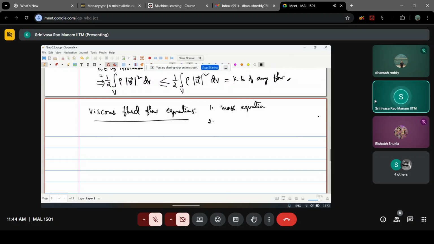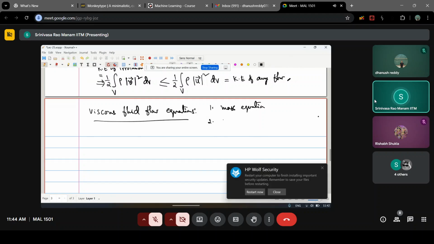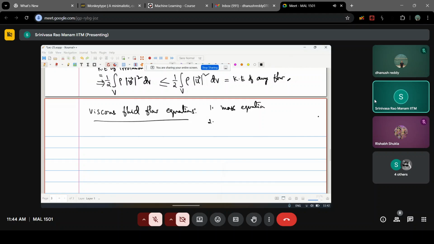The equation of momentum we replace, for viscous flows, with the Navier-Stokes equation. That is the momentum equation.